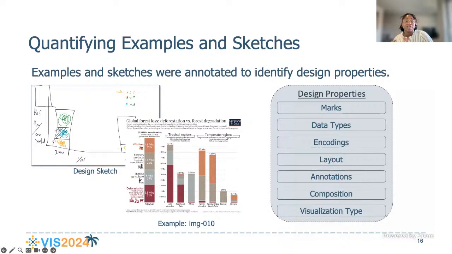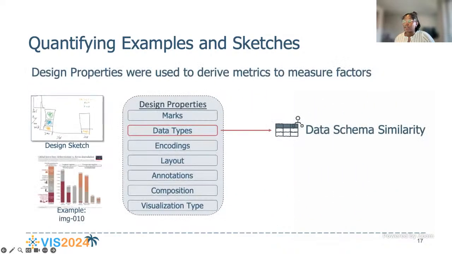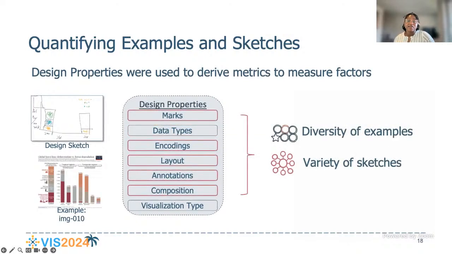And so we would then use these annotated design properties to calculate metrics to compare the properties between examples and sketches. So for instance, here, the data type could be used to derive the data schema similarity, and the marks, layout, annotations, and compositions could be used to calculate the diversity of curated examples or the variety of design sketches.